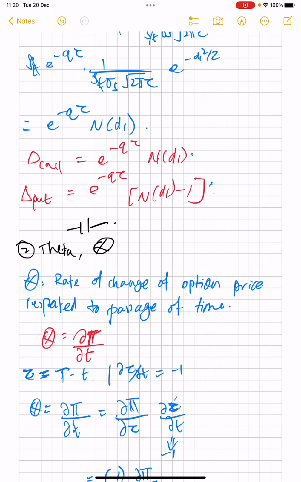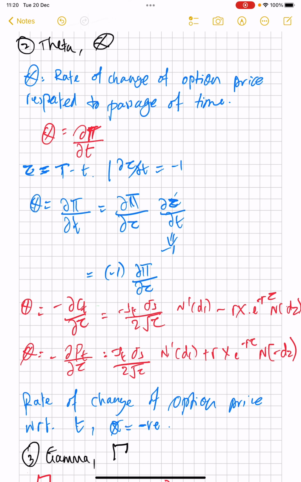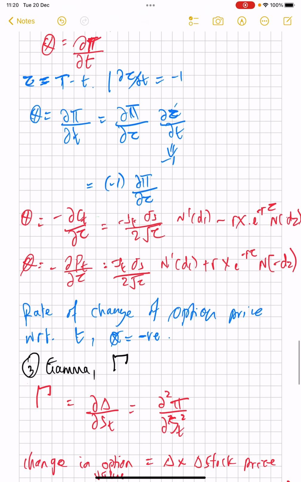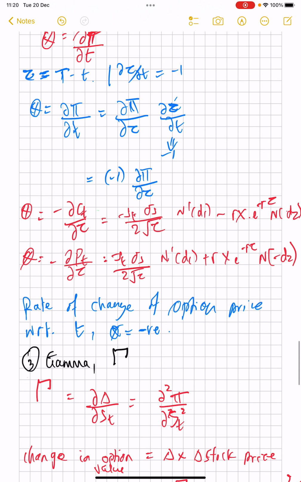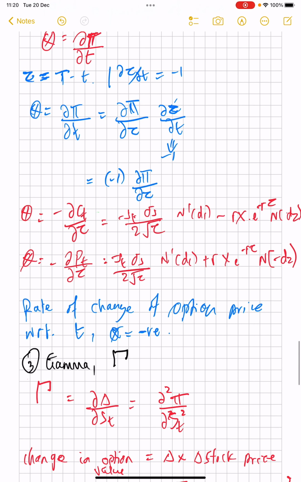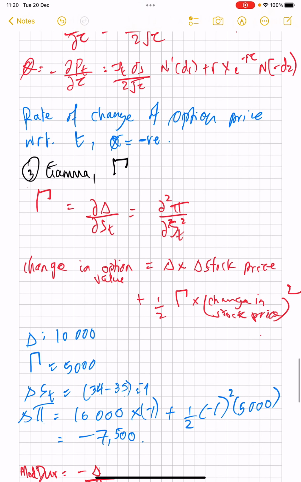And then I have theta, the rate of change of the option price with respect to the passage of time. So these are the equations involved in the derivation of theta, the rate of change of option price with respect to t.